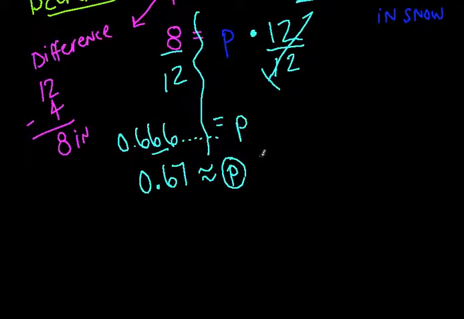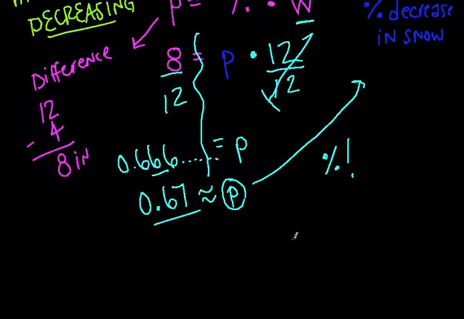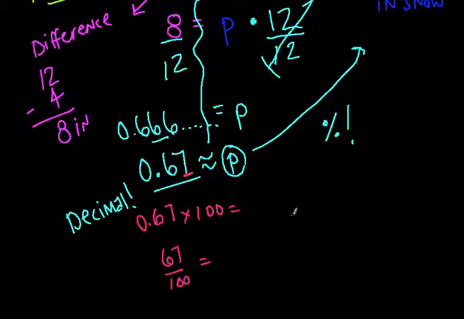Let's try that again. Look back at our let statement. So we know that P is equal to the percent decrease in snow. And that is a percent. This is not a percent. It's a decimal. So we have to convert this into a percent. In order to do that, we could say 0.67 times 100, or we could say there are 67 hundredths, and both of these will give you the same answer, which is 67%.